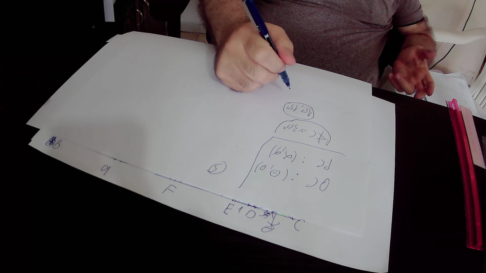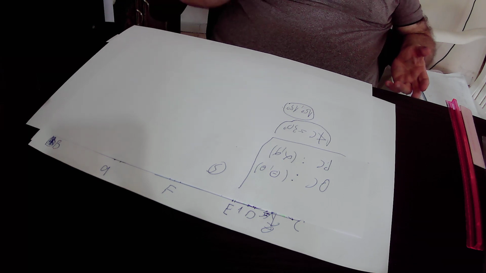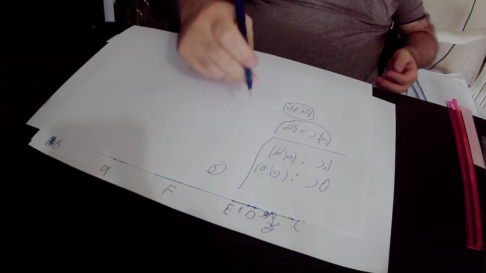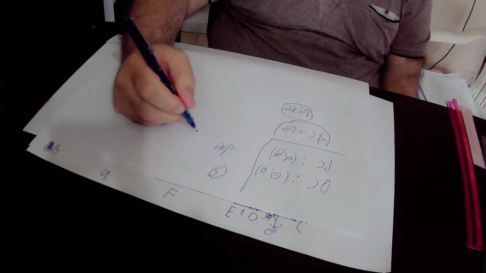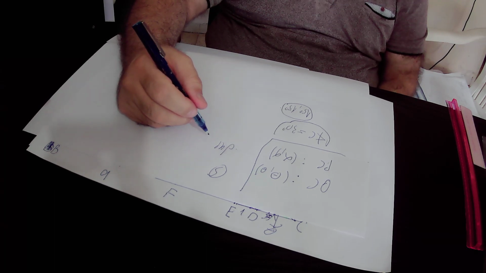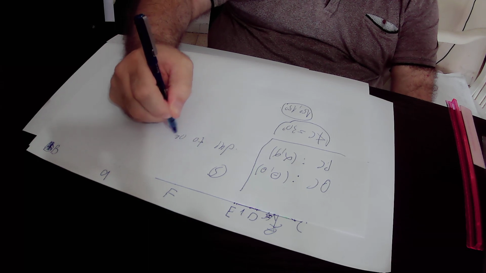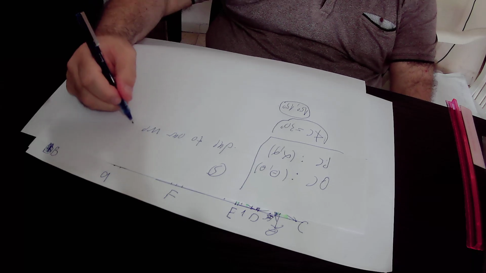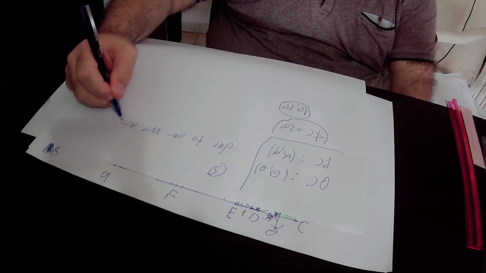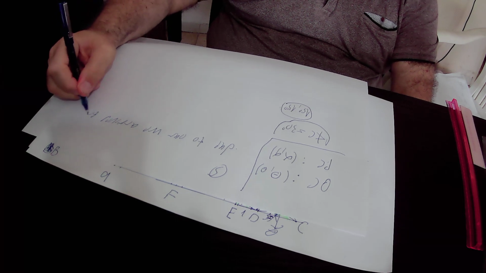Okay, so due to our assumption that CO doesn't pass through point P, we arrived at a contradiction.